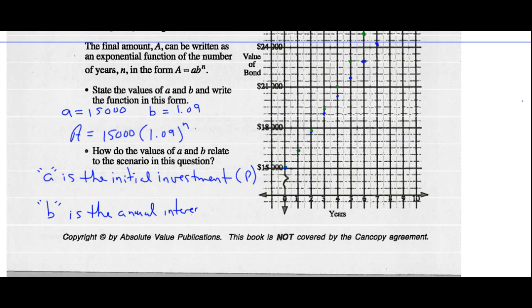Interest rate expressed as a real number and then added to 1. Let's see what happens on the next page.